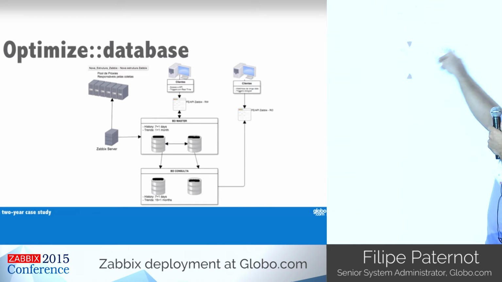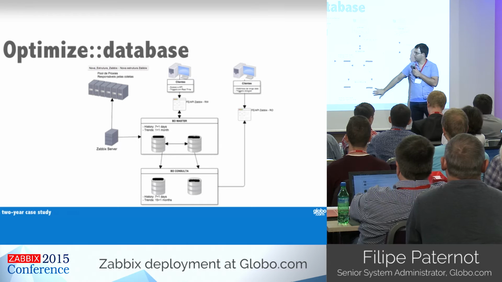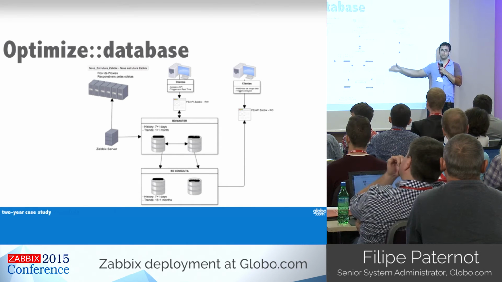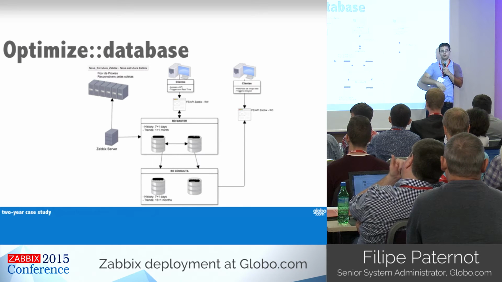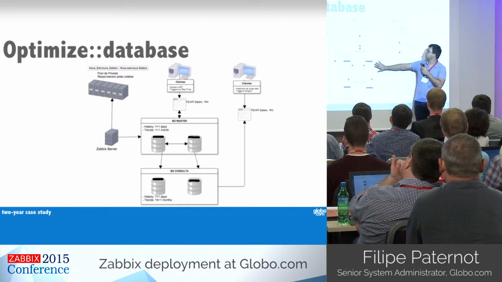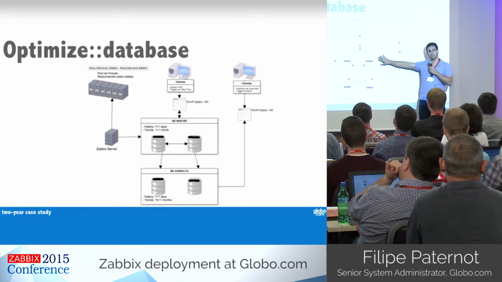We have two Zabbix front-end servers here talking to the read-only database. What this database does is essentially show graphs, go to dashboards, go to every customer that needs to see something in Zabbix. Who accesses this front-end? This front-end is for people who actually make operations in Zabbix.